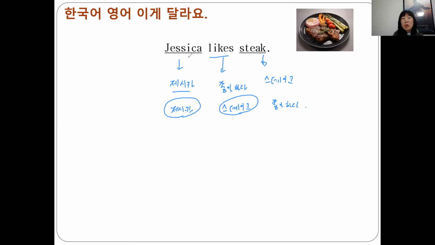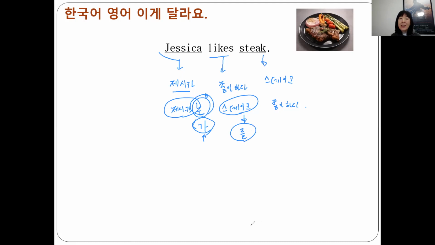According to the speaker's intention, Jessica can be added with Jessica는 or Jessica가. This is a topic marker. This is a subject marker. And here, steak is an object for the verb 좋아하다. 그래서 steak를 라고 합니다. So topic marker, subject marker, object marker. So we have case markers to indicate the role of the noun in a sentence.